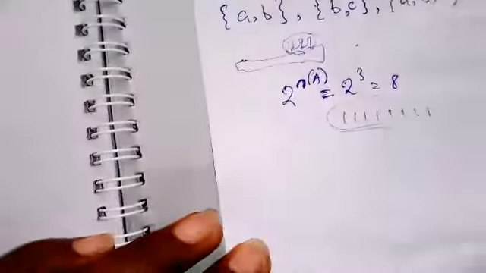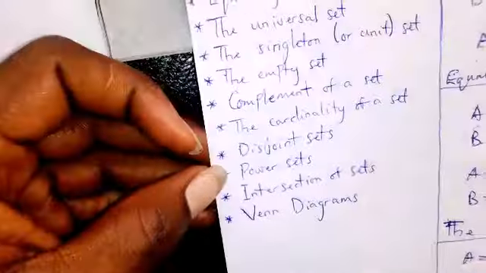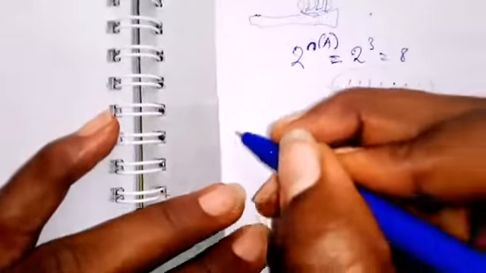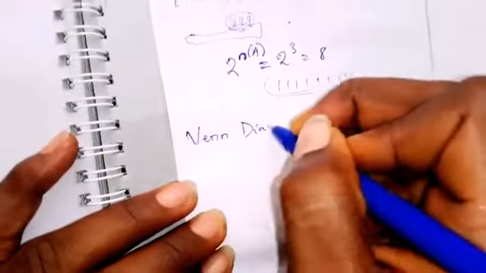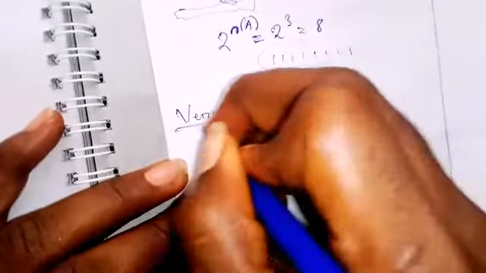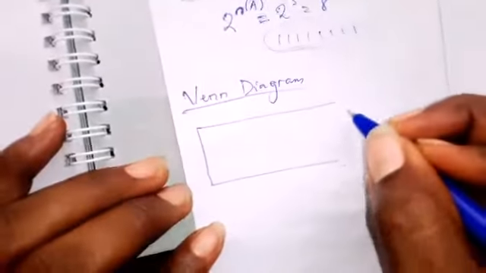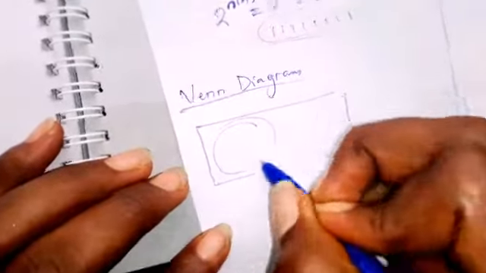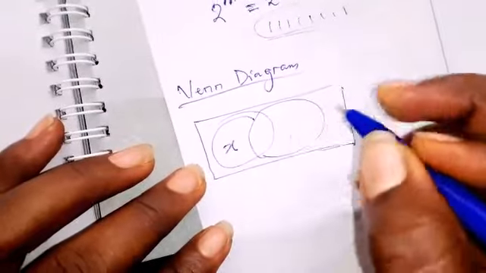Now again we have the Venn diagram. Here we have the Venn diagram. Now the Venn diagram is a diagram that is used to solve real life cases.